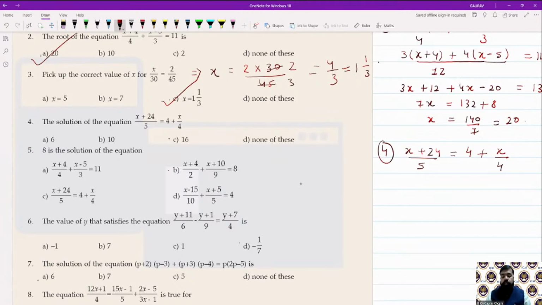First step is to take the LCM. So we can take LCM on the left hand side. After that, we will do simple cross multiplication. So what will be the LCM? 4. So 16 plus x.